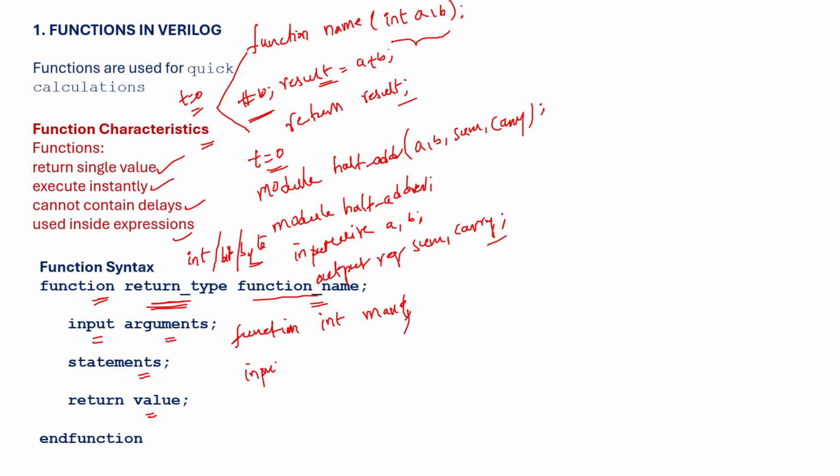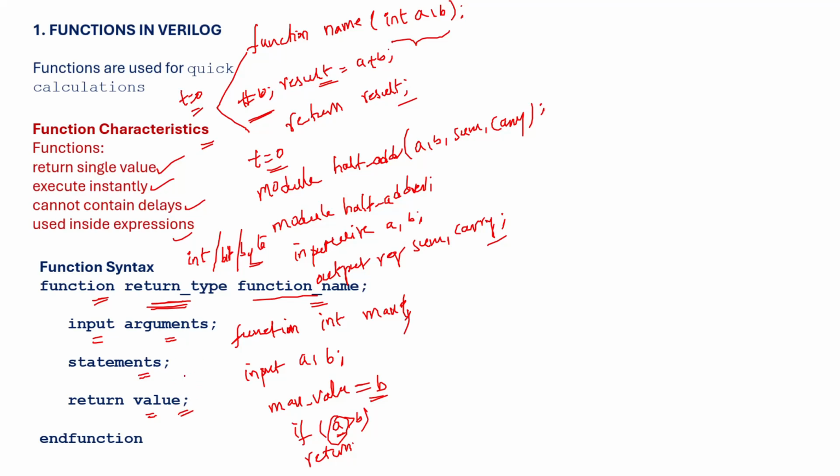After that, input A and input B. Then the statement: for max value, I initialize it to B. Then the condition: if A greater than B, then max value is A. Then return max value. If this condition is true, A is the maximum value, otherwise B is the maximum value. In that way I am writing a piece of code related to a function.